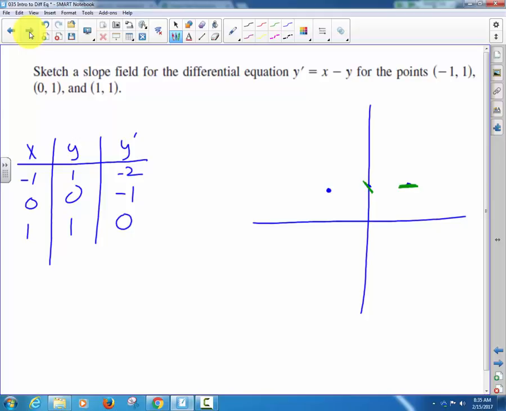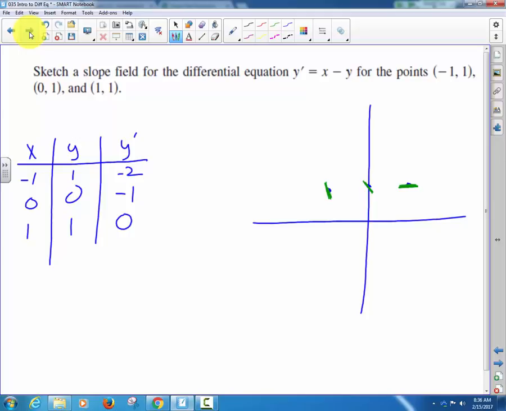And the next one over, negative 1, 1 is negative 2. It needs to be steeper than that. I'm not going to actually measure and be sure you're doing it exactly right. Just be sure that it's steeper than what this one was. Estimates is all we're looking for. And we could continue doing that for all the points.